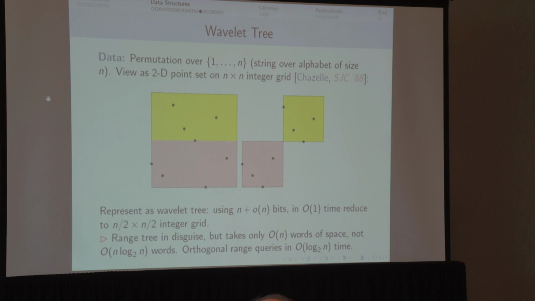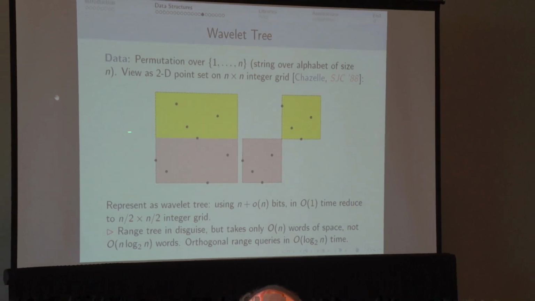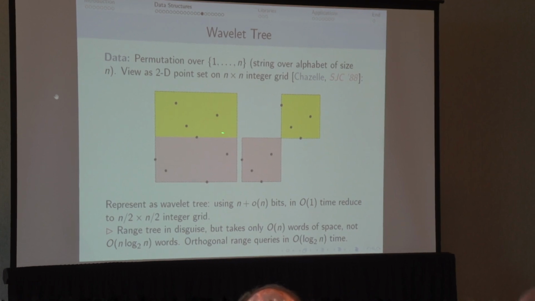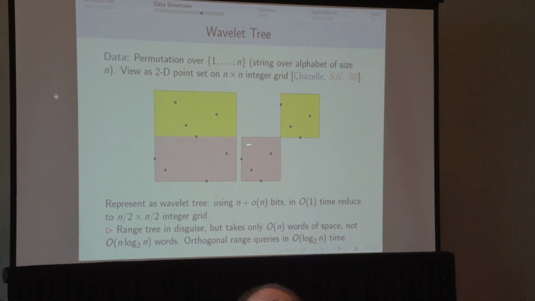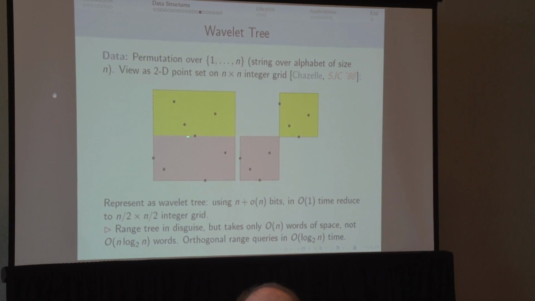What this range tree effectively does is take the ones which are mapped to the second half of 1 to n, and using rank and select, it reduces to an n/2 by n/2 permutation. So with one rank and select, you go from this diagram over here to this diagram over here.